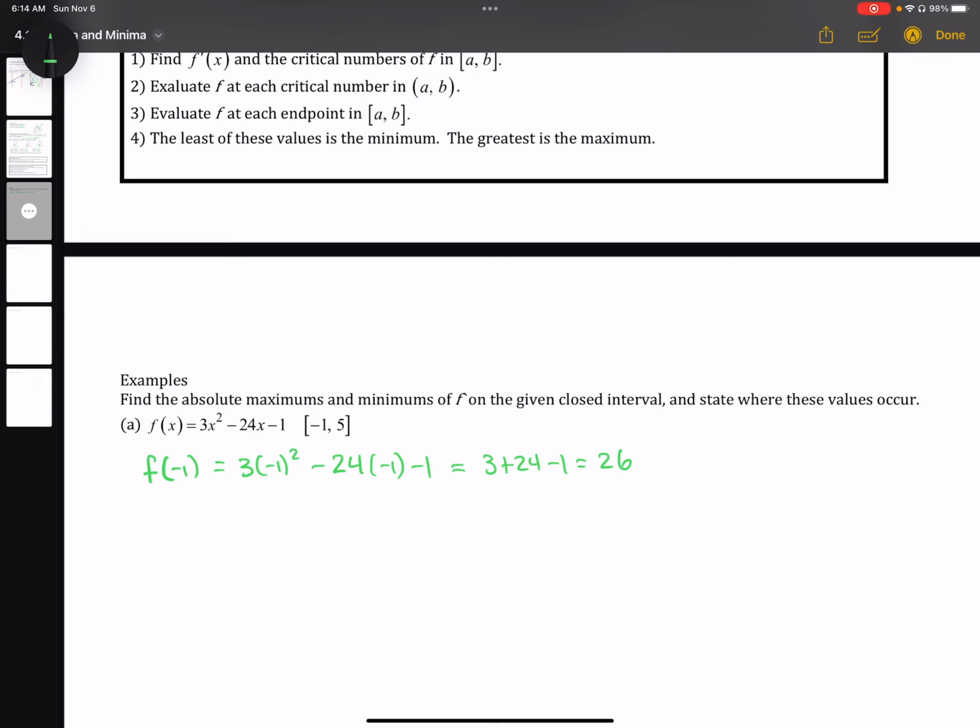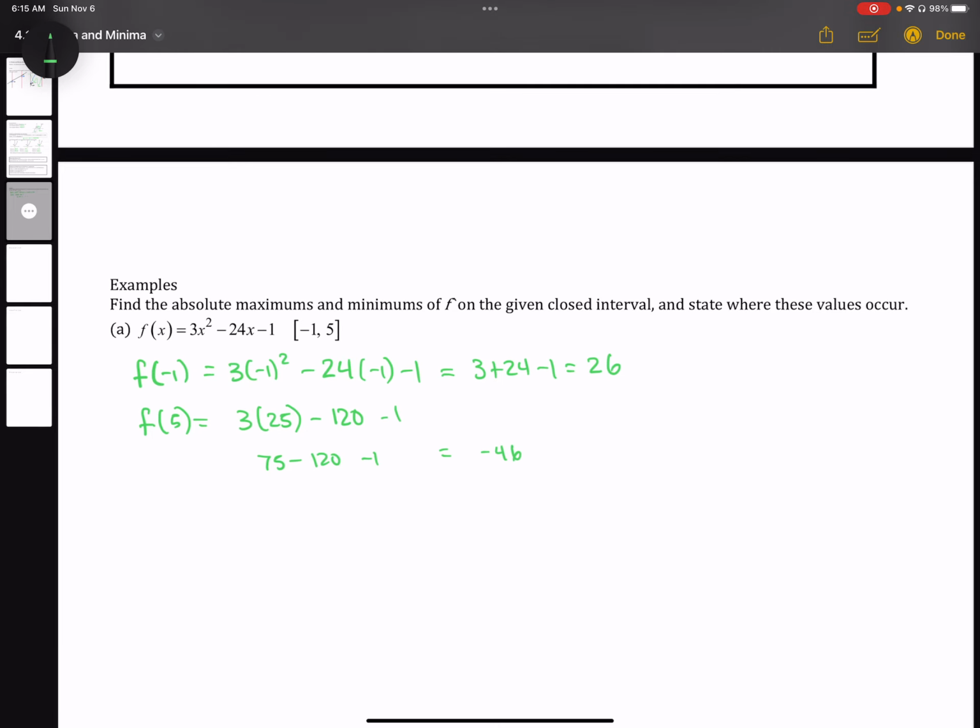f of 5 is going to equal 3 times, all right, 5 squared is 25, so 3 times 25 minus 24 times 5 is 120, and minus 1, so that's 75 minus 120. That's negative 45 minus 1 is negative 46.